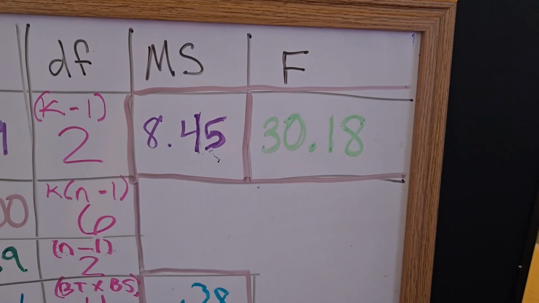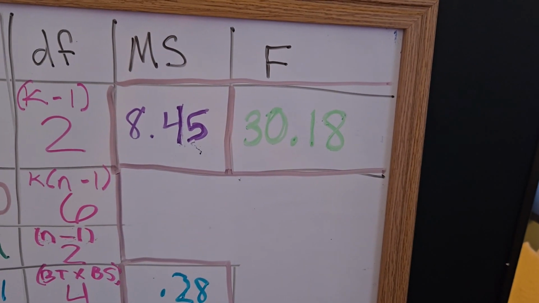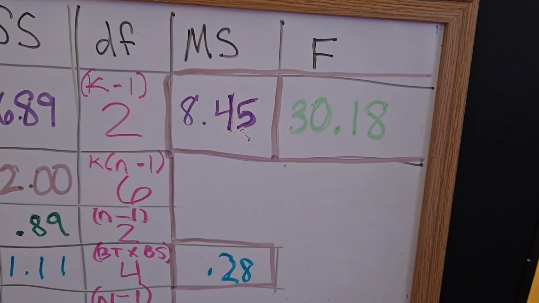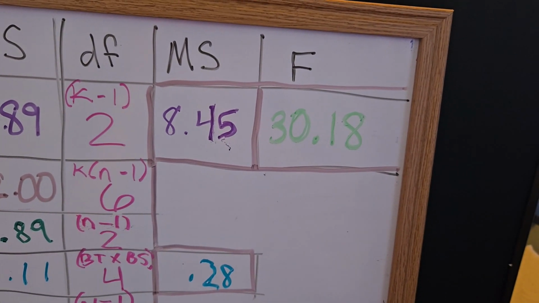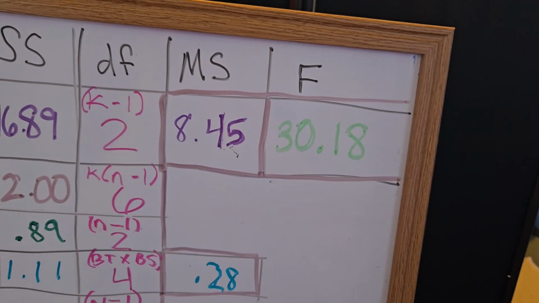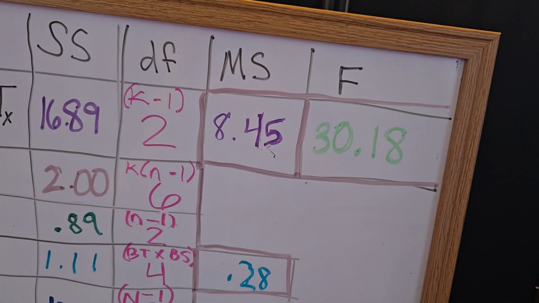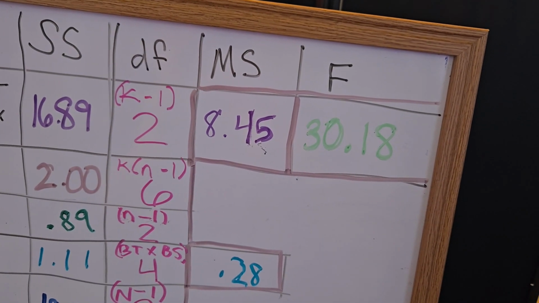If you were using software to compute your F ratio, it would probably give you what we call a p-value, a probability value, and typically we want our probability value to be less than 0.05, meaning our alpha is set to 0.05, meaning we want less than a 5% risk of making a type 1 error.